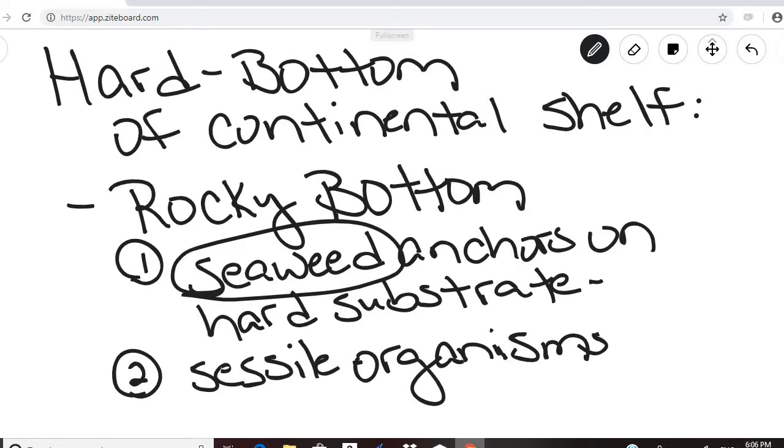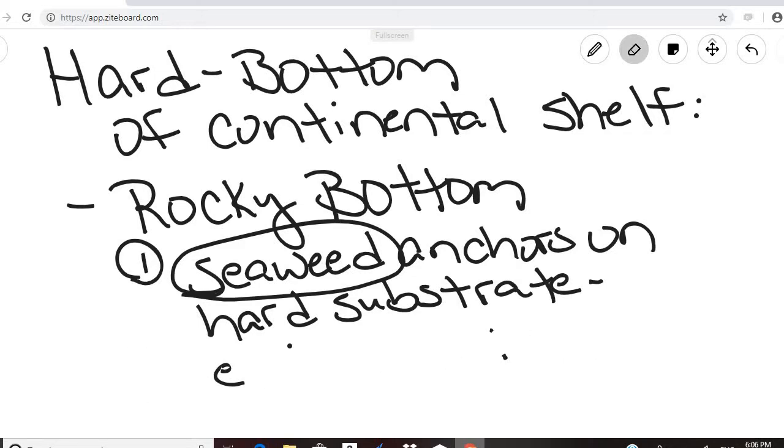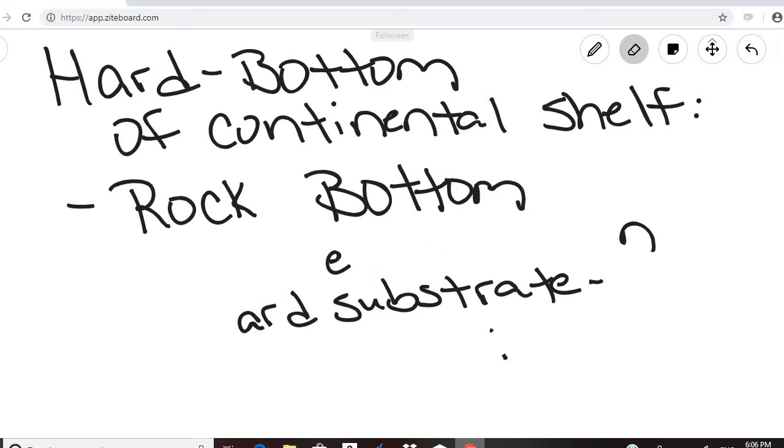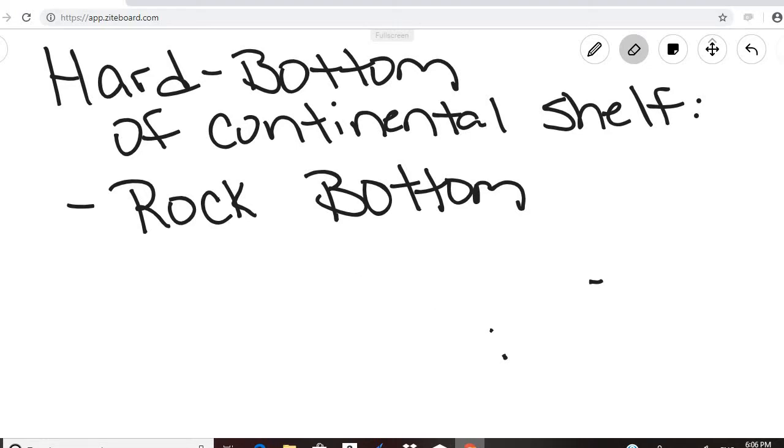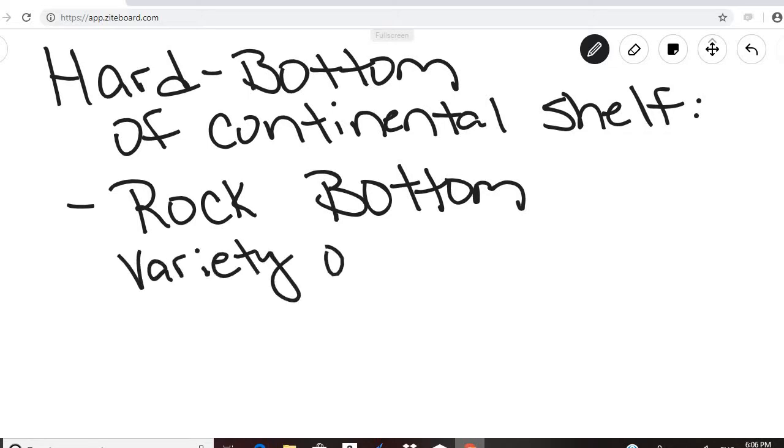In terms of seaweed, there are lots of different types growing on the rocky bottom. Typically seaweed is classified based on color.